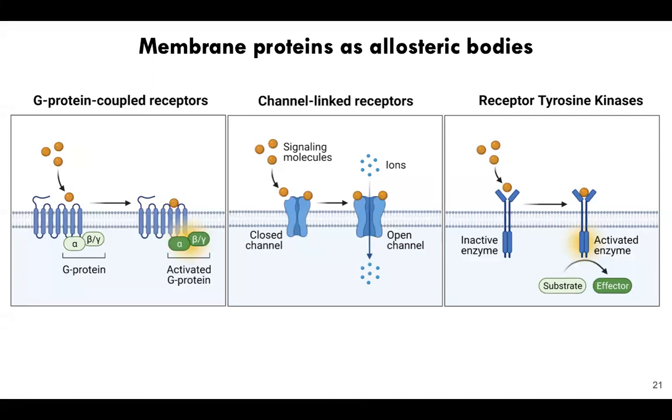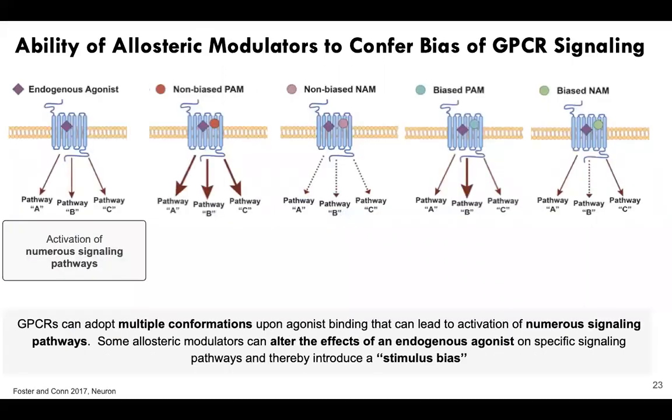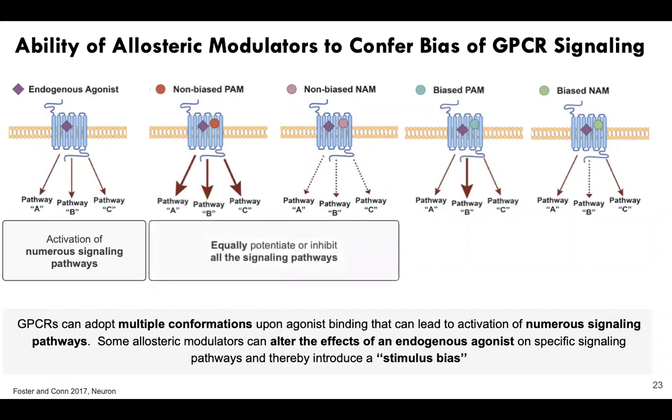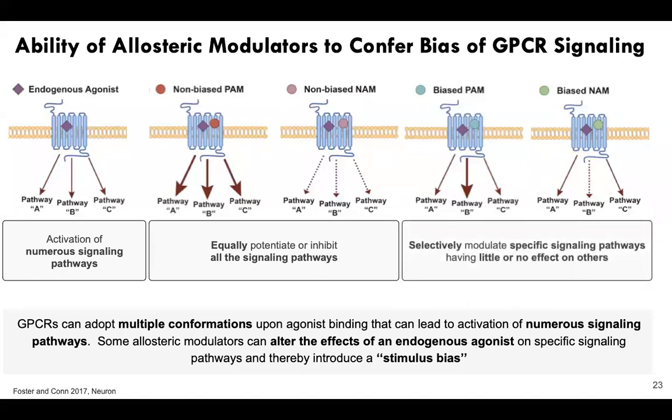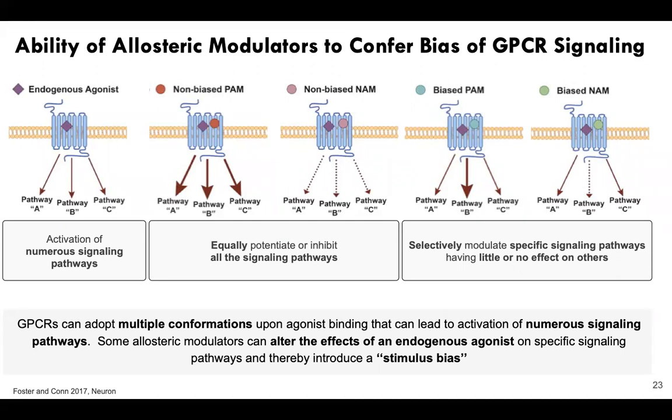So I showed some examples of proteins that are soluble, and now it's time to move on to the membrane proteins as allosteric targets, because they're actually one of the biggest drug target classes. And we've heard about GPCRs, of course, one of the largest families, in a wonderful talk by Brian. So I won't go through that. Although, we've heard of numerous signaling pathways, equally potentiating or inhibiting the signaling pathways with different modulators, selectively modulating specific signaling pathways, and having little or no effect on others.